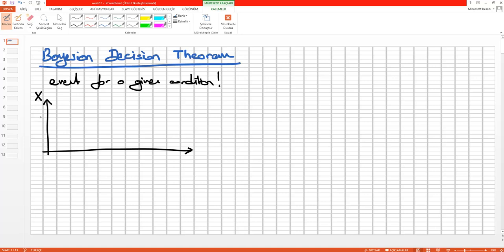For example, we assign this axis as x, and this is the number of samples.